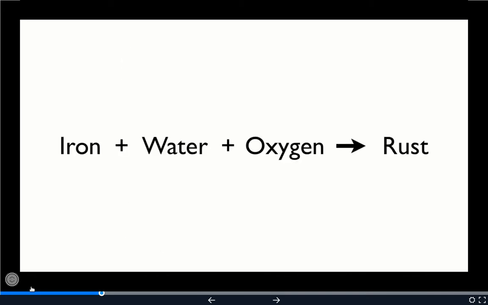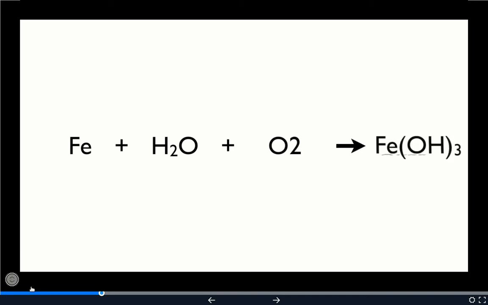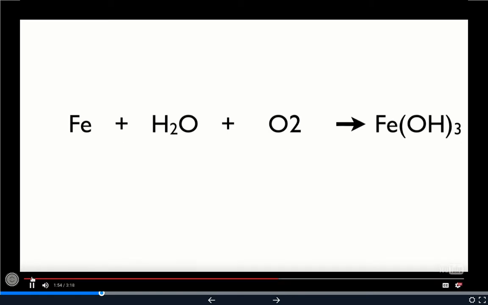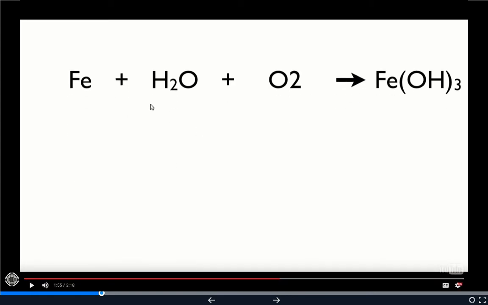Iron rusting is a chemical change because the iron turns into a new material. The process of rusting can be seen in a chemical formula. Iron plus water plus oxygen yields iron 3 oxide, or rust. Now look at this for a moment. You see that? You have iron here all by itself as the pure element. We have water and oxygen.